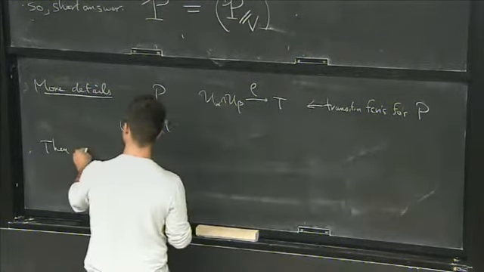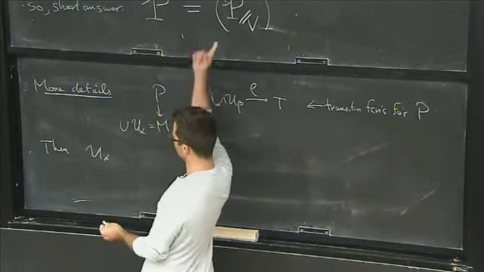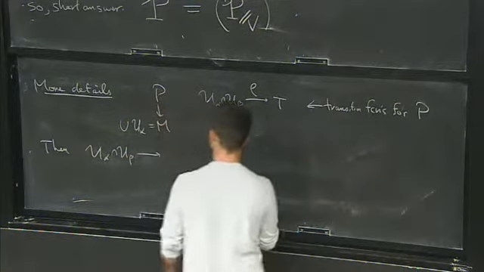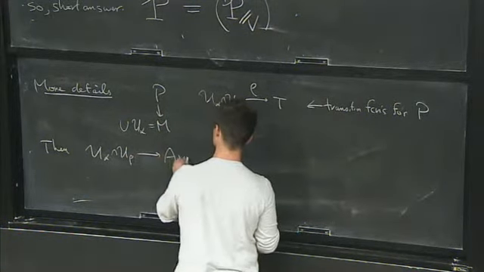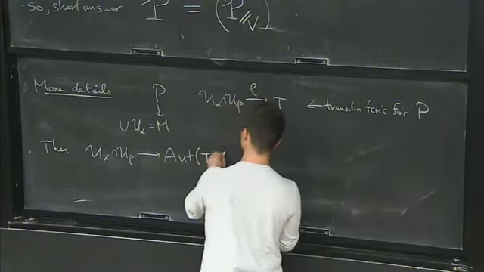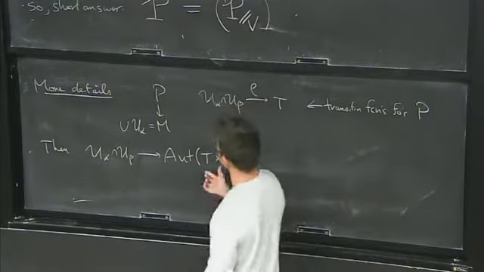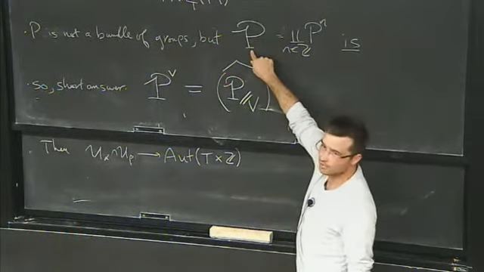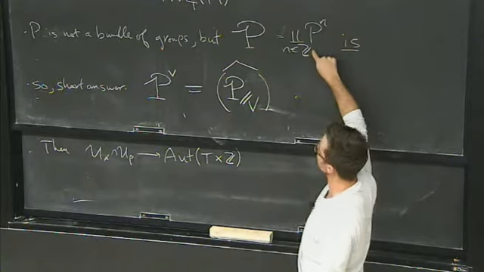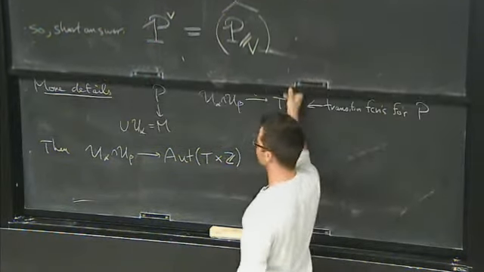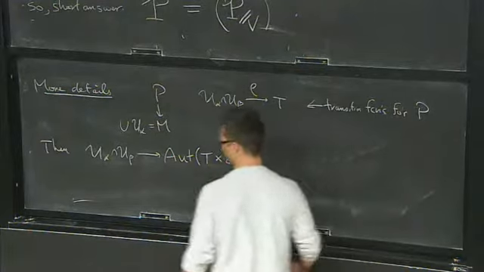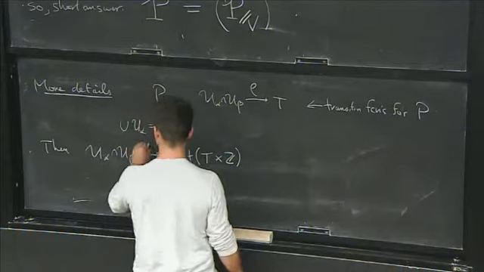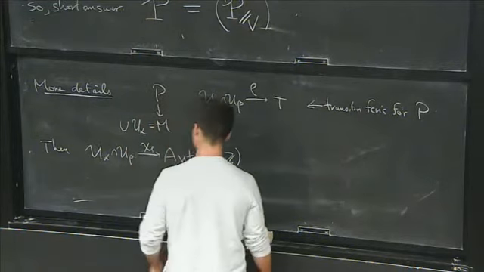then I claim that I'll tell you what the transition functions are for script P. U alpha intersect U beta will go to, well, it's going to go to the automorphisms of T cross Z. Sort of what you expect. You expect script P, if you think of it as some object living over M, should have fiber equal to Z cross T. And it's something that I'll call chi rho, I guess.